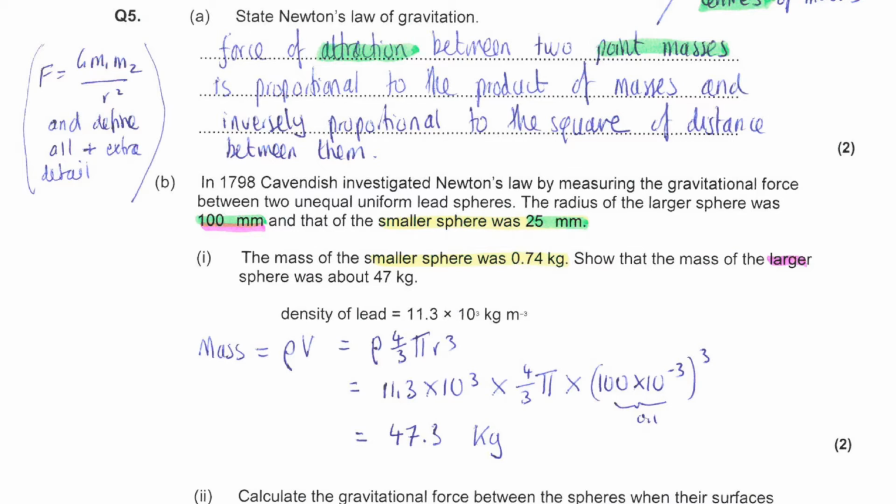This is just using the equation that density is mass per unit volume, so mass is density times volume. So we have the density of the lead times the volume of a sphere, 4/3 pi r cubed. We're looking at the larger sphere, so just choose carefully, and that gives you 100 millimeters as the radius.